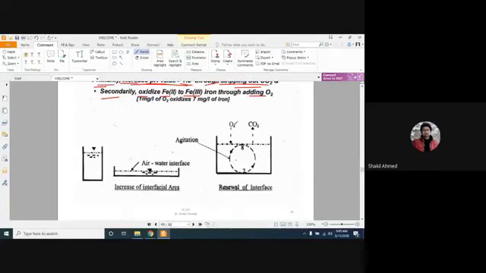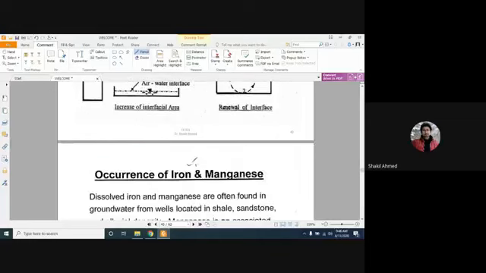As you can see, oxygen is getting in because we are doing aeration, and therefore carbon dioxide is getting out. Agitation means giving turbulence in water.